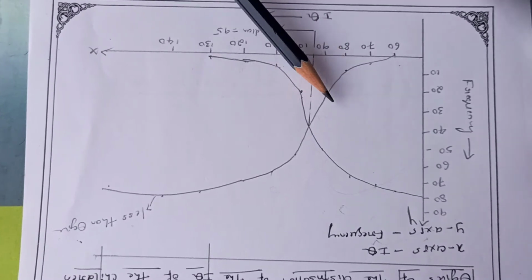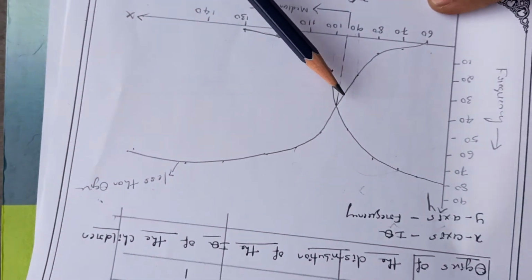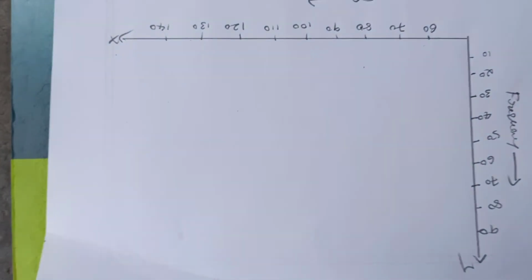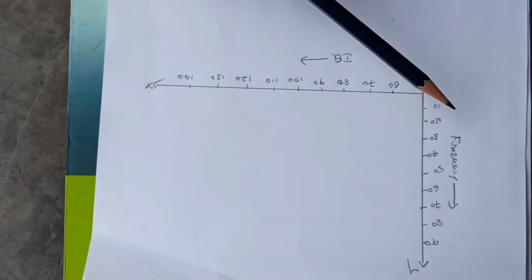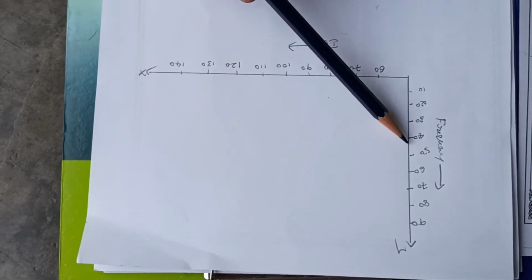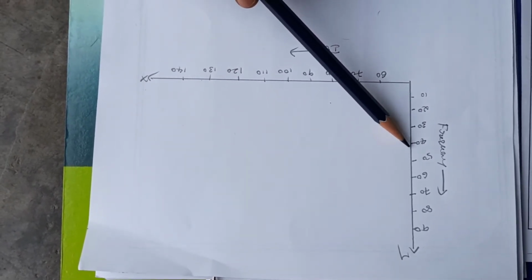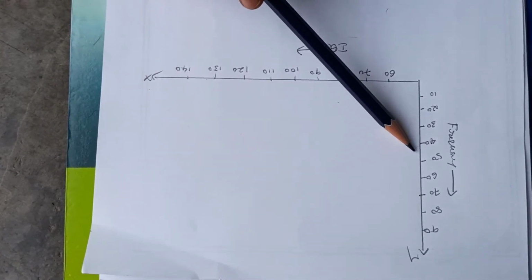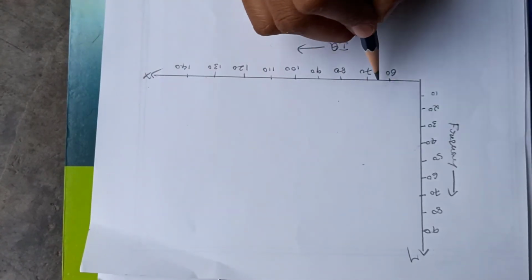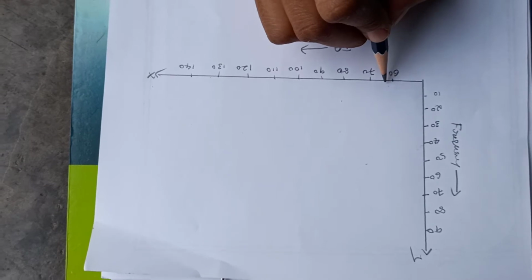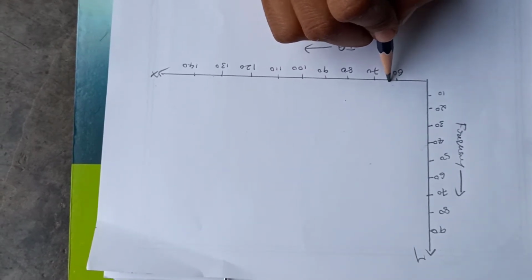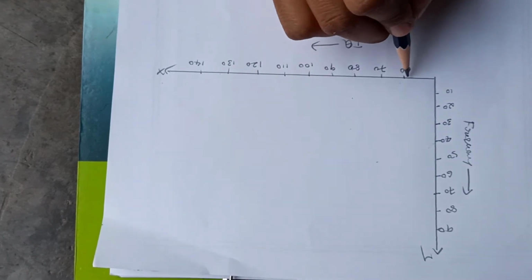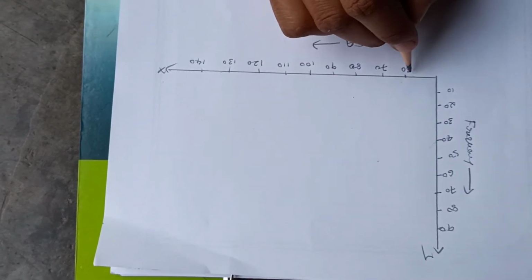Now I am going to draw and show this graph here. Here we have IQ taken along the x-axis and the frequency taken along the y-axis. First we are going to draw the less than ogive. For the less than ogive, the number of students who have taken marks less than 70 is 2.